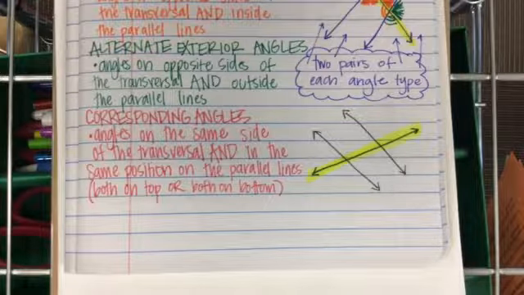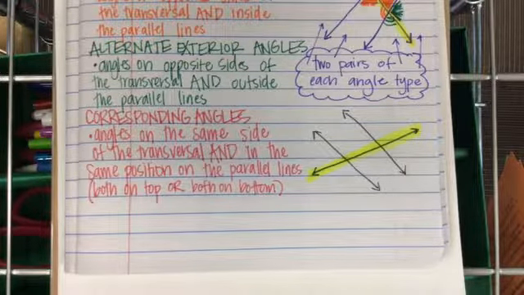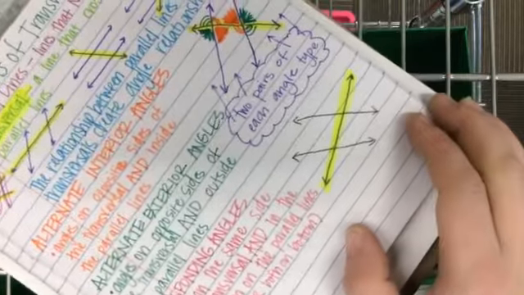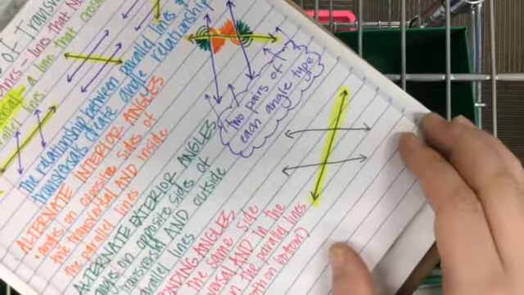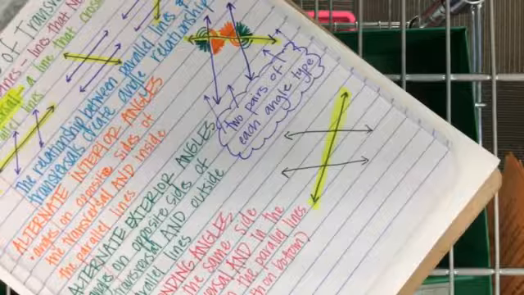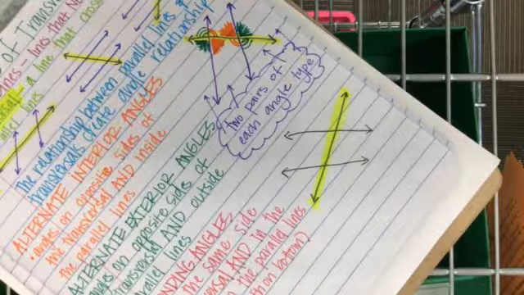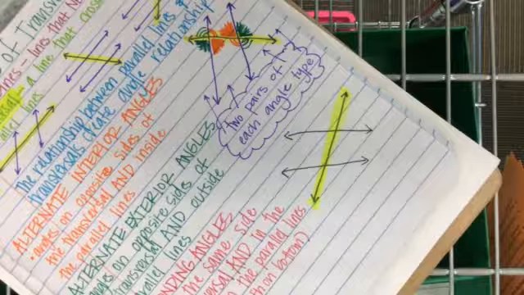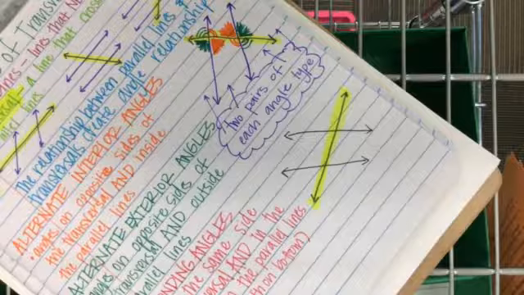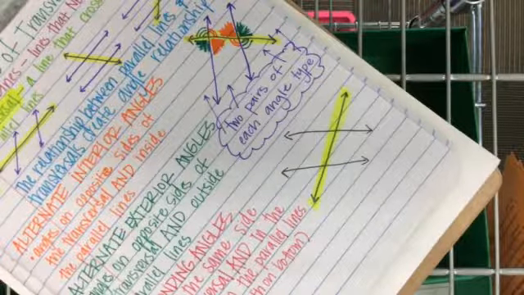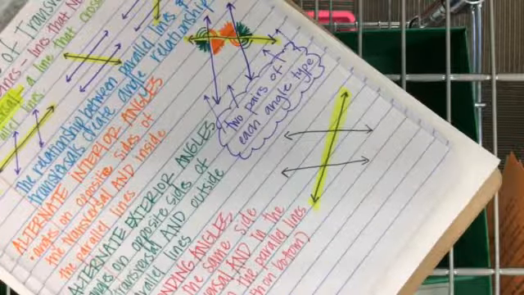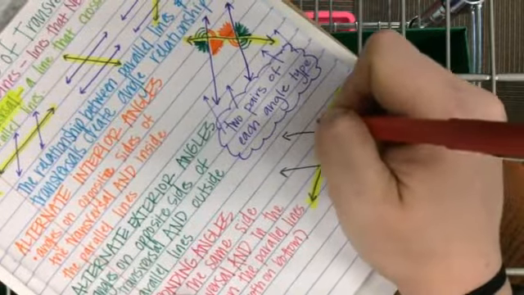I'm still a little confused, so what can I do to make it easier for my brain to understand what I'm doing? Horizontal. Turn it so they're horizontal. The parallel lines need to be horizontal. Okay, what's the definition again of corresponding angles? Angles on the same side of the transversal and the same position on the parallel lines. Okay, so they're on the same side of the transversal. I'm going to put a star right here.